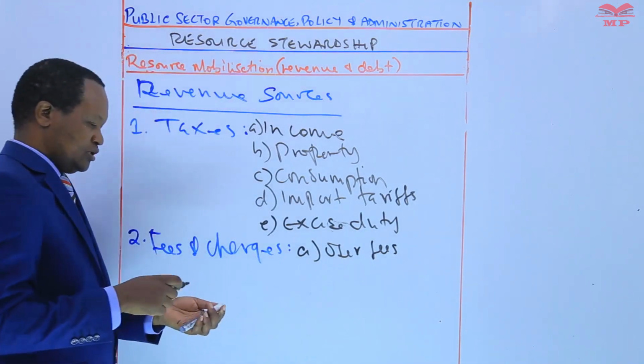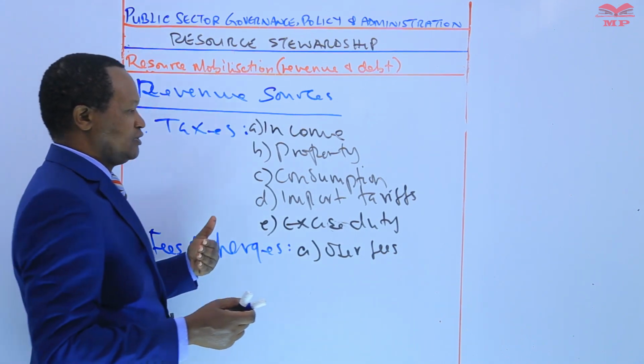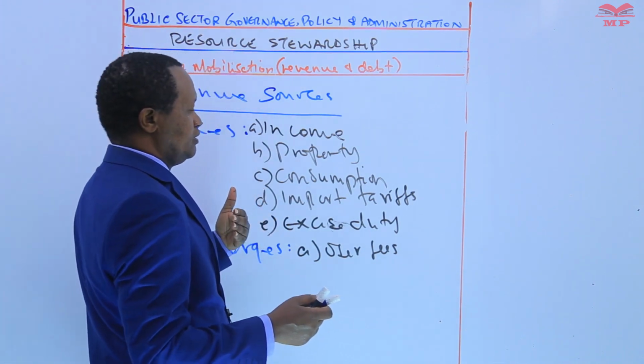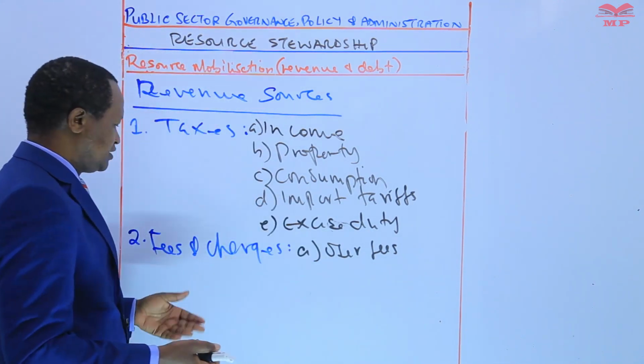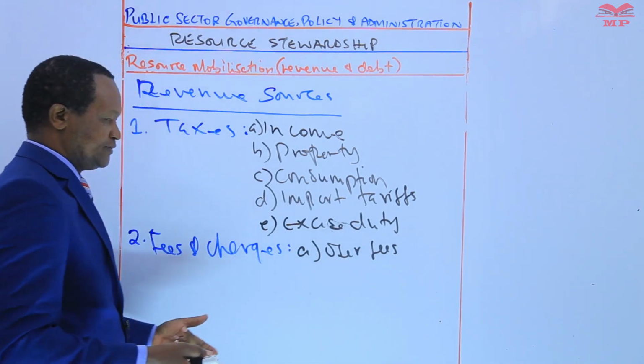For example, government can levy fees on roads, what we call toll roads, public transportation, national parks, and so on. As citizens visit parks, they may pay some fees or charges. That's what we are referring to as user fees.